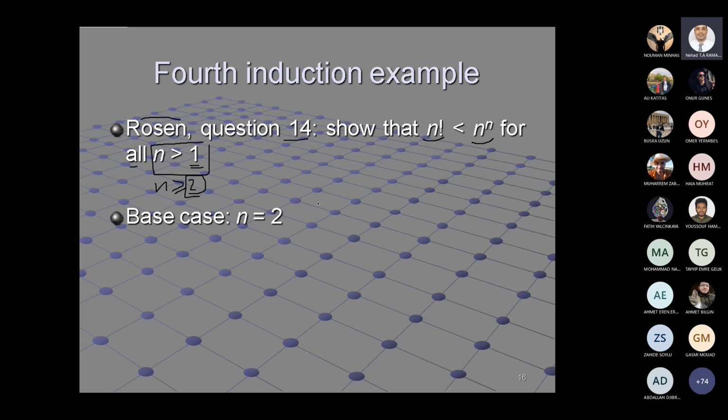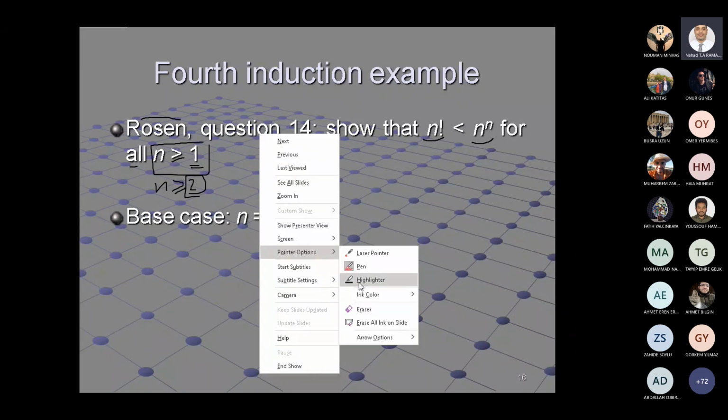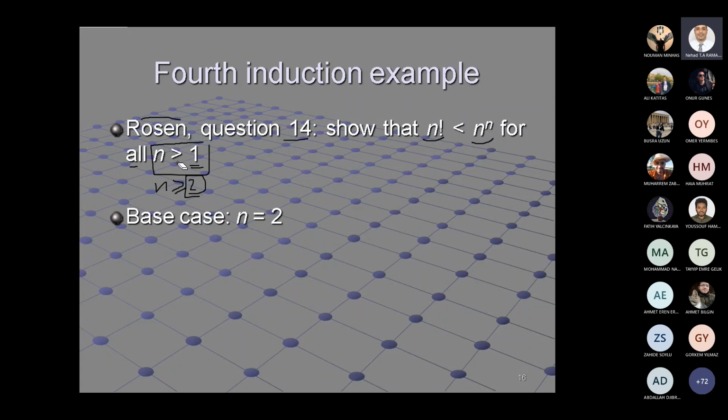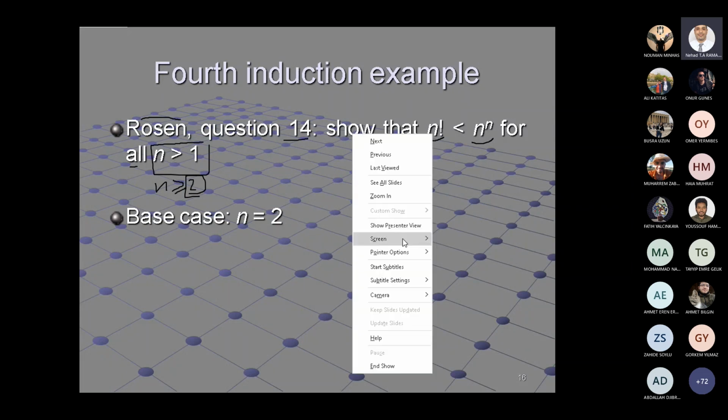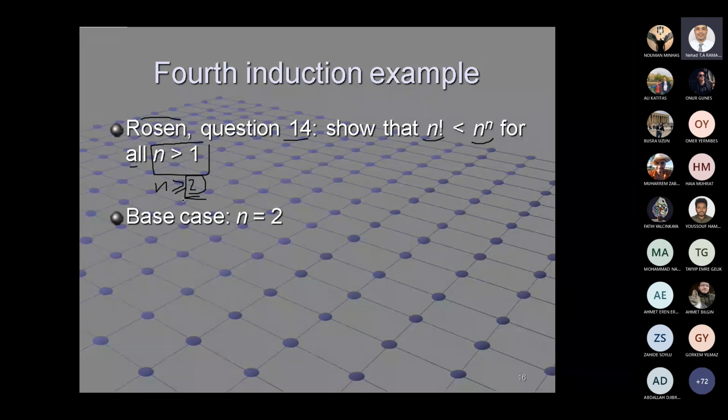You have to focus on this. We did not say for n more than or equal 1. No. We said for n more than 1. More than 1 means the first term is 2, not 1. So the base case is when n equal 2.